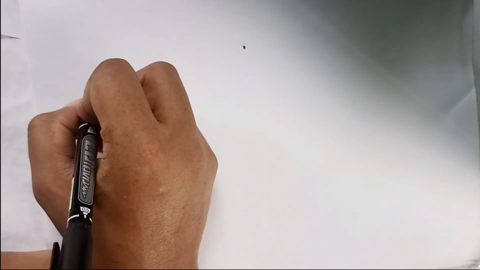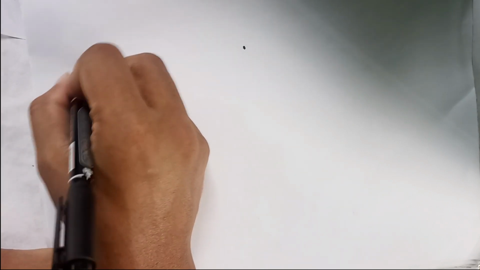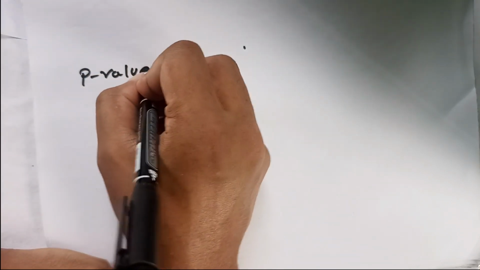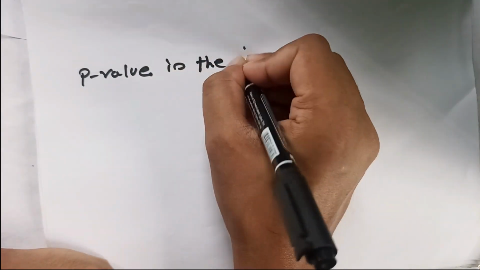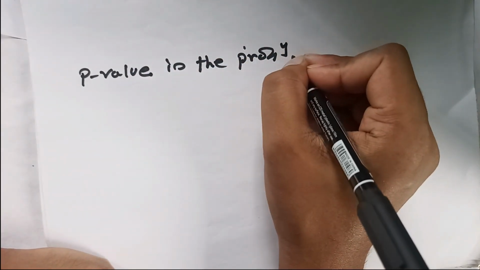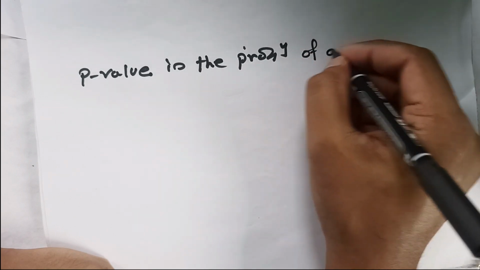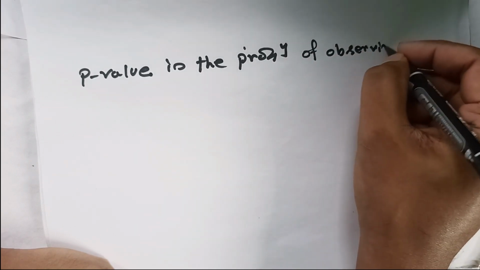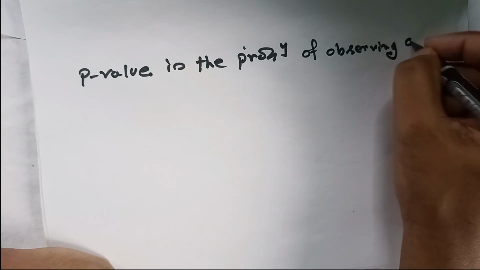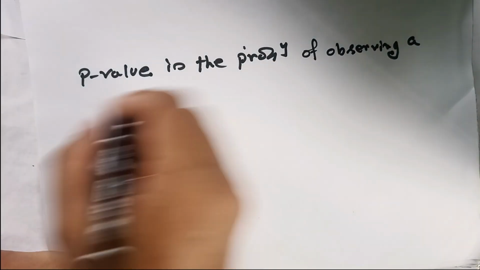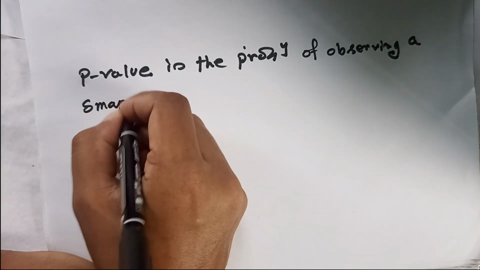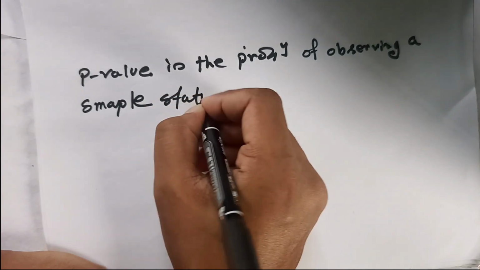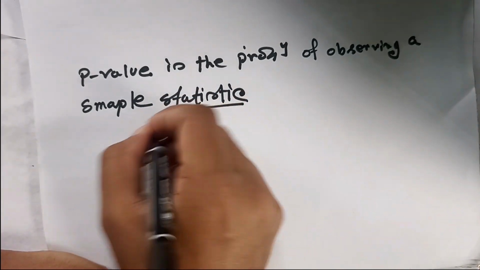So that is actually the p-value. In short, what is the p-value? In short, the p-value is the probability of observing a sample mean, a sample statistic. Statistics basically come from a sample.